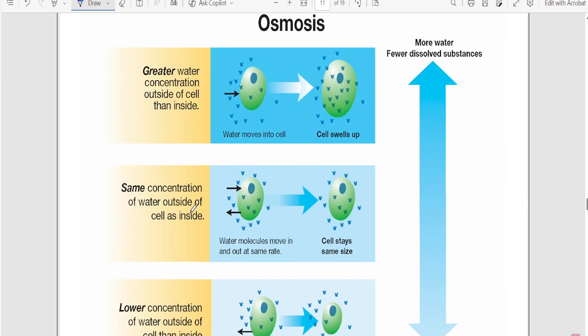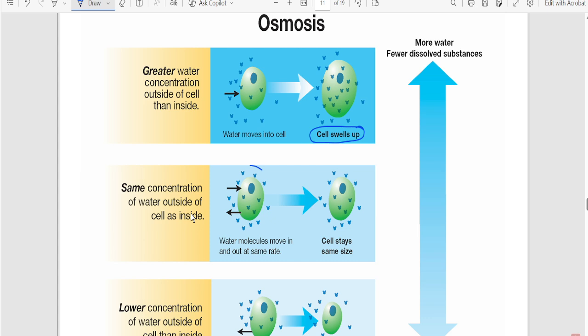So if you see the first case, here inside the cell there is less water compared to outside. So water would move into or out of the cell? Into. Yes. So when water moves in, the cell would swell up, okay? And in the second one, we have the same concentration outside and inside, right?